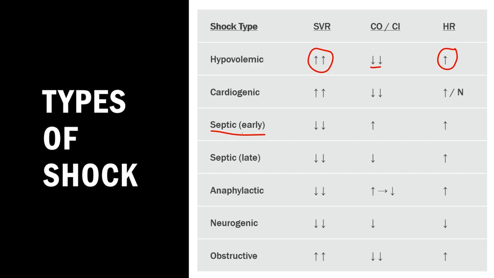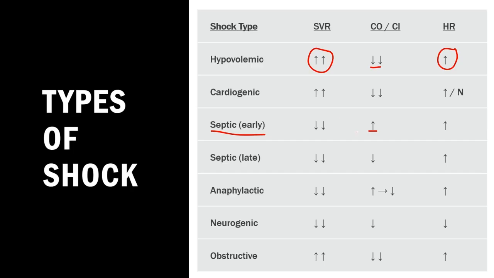We have those purple sheets, they have these septic alerts because it's going to increase your heart rate and it's going to decrease your SVR, decrease your blood pressure. But in early sepsis, your cardiac output and your cardiac index, it may be fine. But why is that? Our blood pressure is going down. Why would our cardiac output stay the same or maybe even go up slightly?